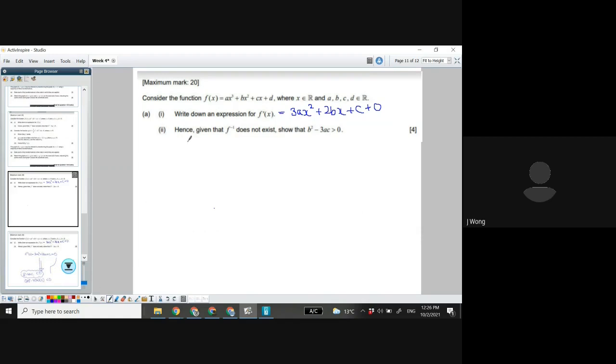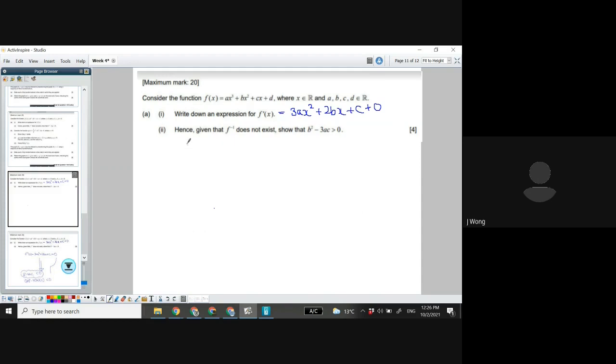Now, secondly, they say, hence, given that f inverse, the inverse of this cubic function, does not exist, show that b squared minus 3ac is 0, where a, b, c are the coefficients. Okay, so let's just do some examples first and come back to this.